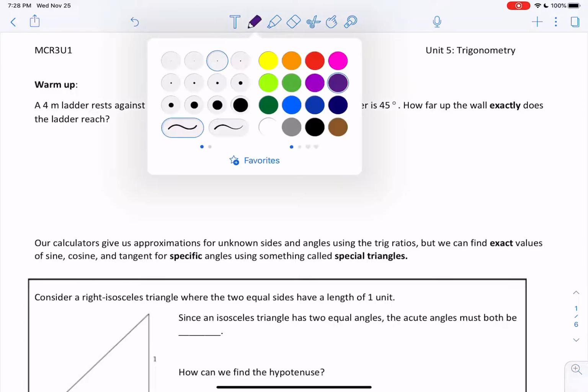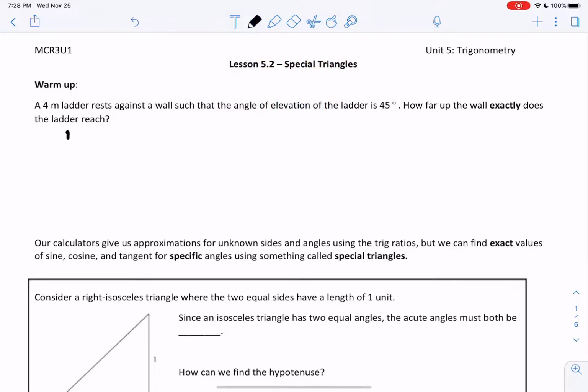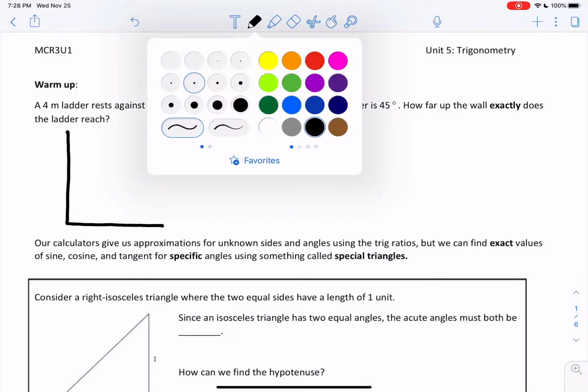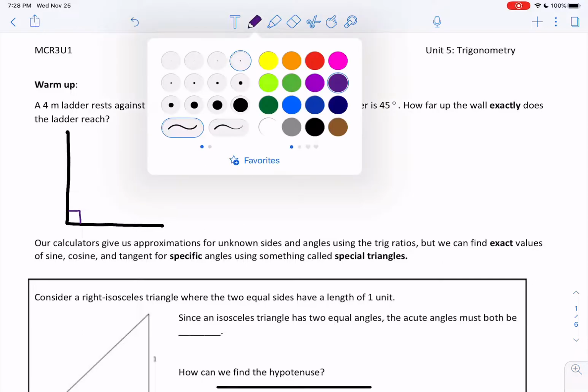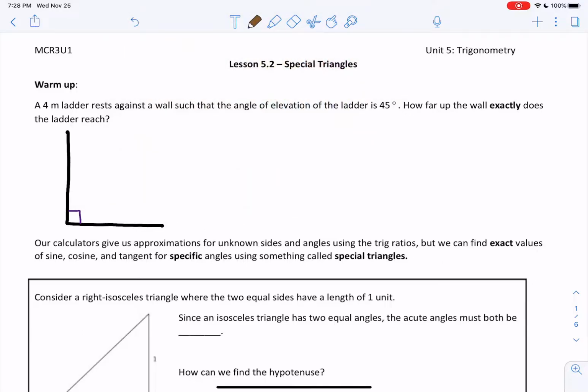So I'm going to begin by drawing a diagram. So here's my wall and the floor. Now it's safe to assume that when I have a wall connecting with the floor, we have a 90-degree angle there. Now I have a ladder leaning up against this wall like this.